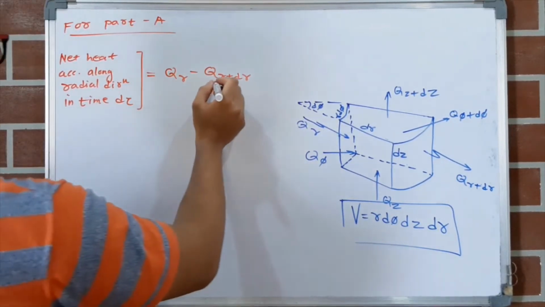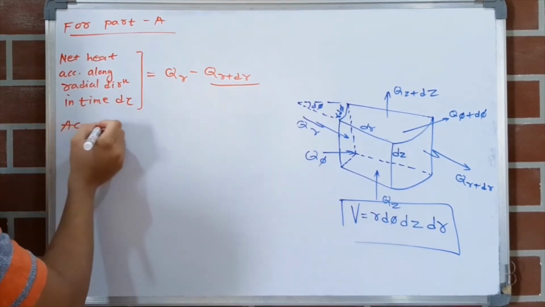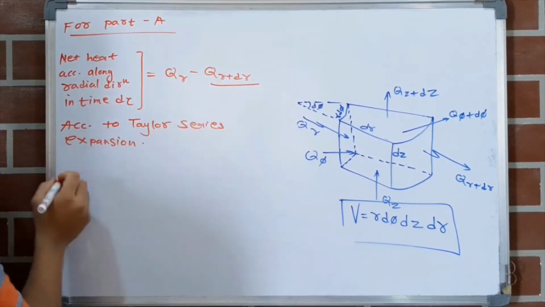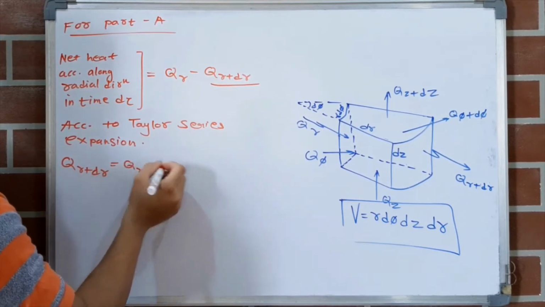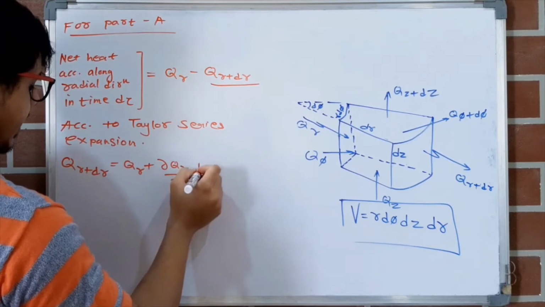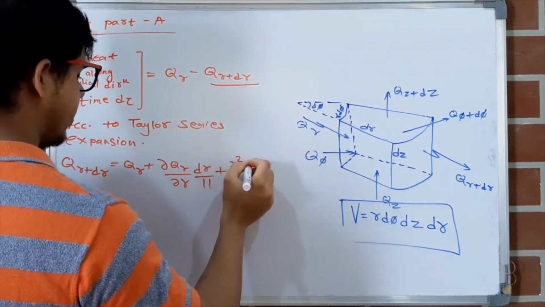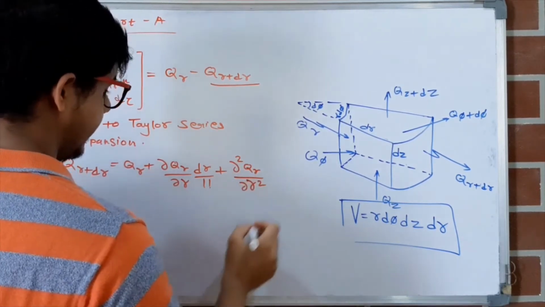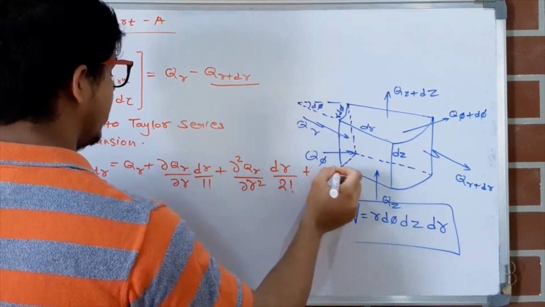So now we will expand this according to the Taylor series expansion. According to the Taylor series expansion, Q R plus dr can be written as Q R plus del Q R by del r into dr upon 1 factorial, plus del square Q R by del r square into dr square divided by 2 factorial, and so on.